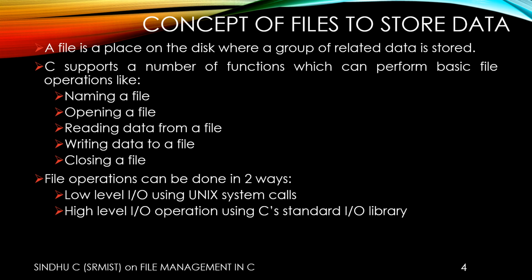File operations can be done in two ways. The first one is at a lower level, which is low level input output operation using unique system calls. The second one is high level input output operation using C's standard input output library.